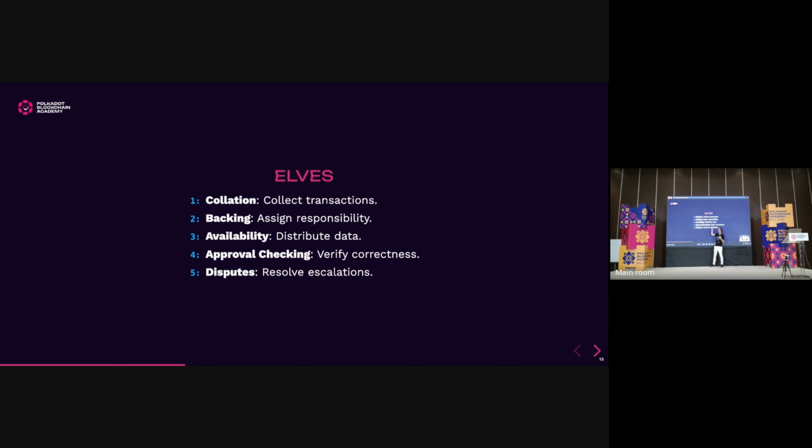Availability is also happening on the relay chain, with the relay chain validator nodes holding the extra data. And now we are still on the relay chain, at approval checking, where the relay chain validators, after responsibility was assigned in backing, are doing the secondary checks to actually verify correctness and potentially punish people if it was incorrect.